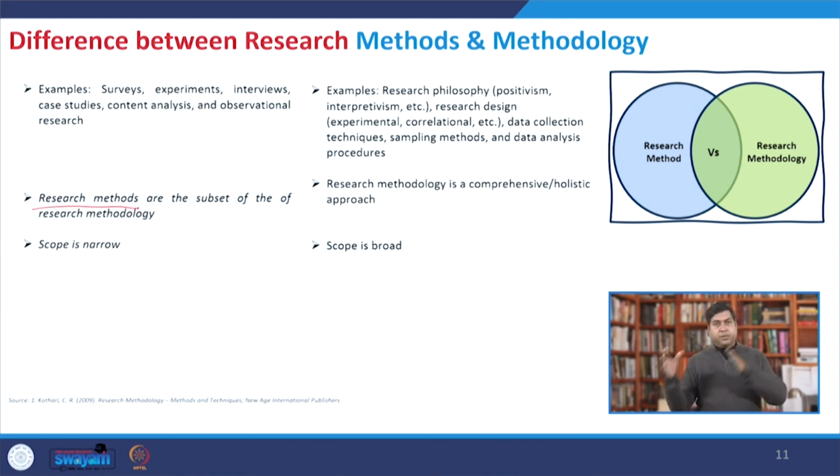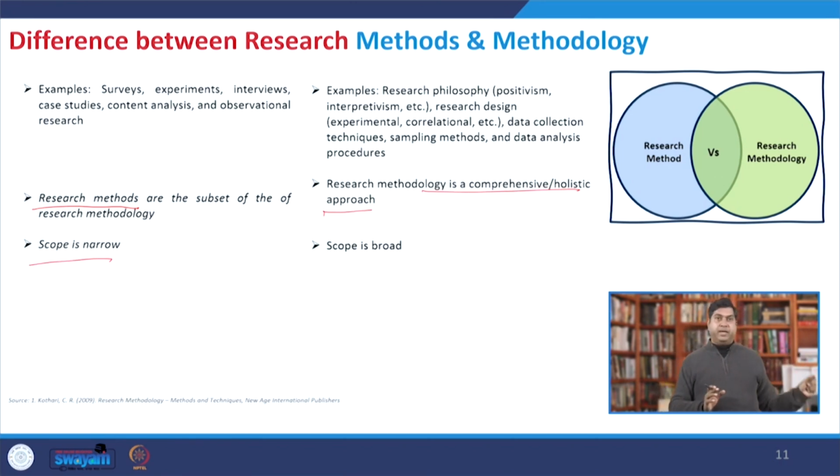As I already discussed, research methods are a subset of the research methodology. It will come at the later stage when you have collected the information and then try to understand the phenomena, whereas research methodology is a comprehensive and holistic approach. Because it is a subset, the scope is very narrow.